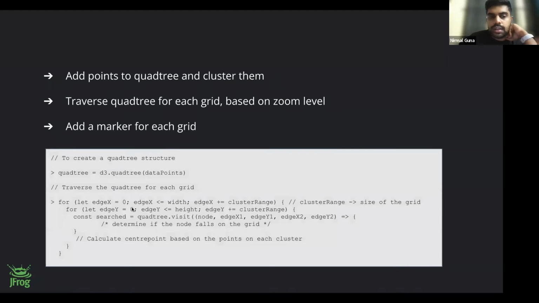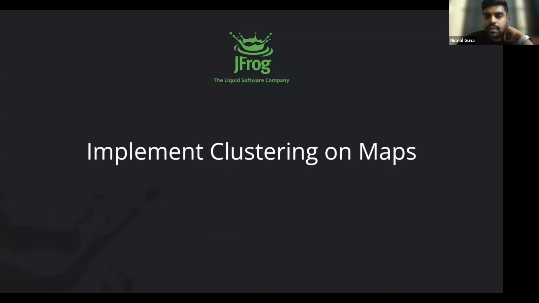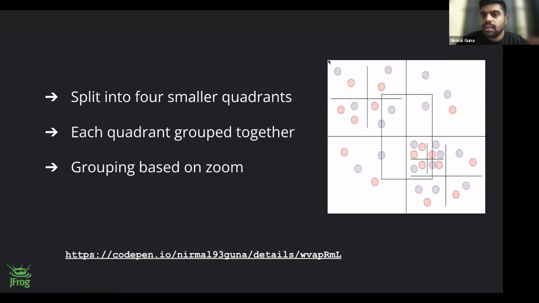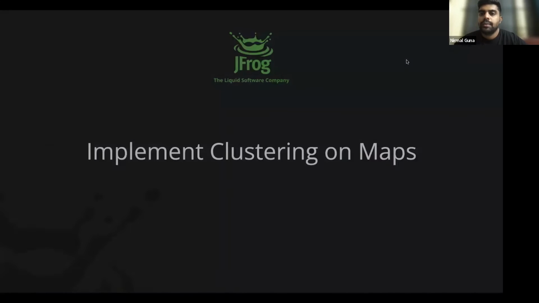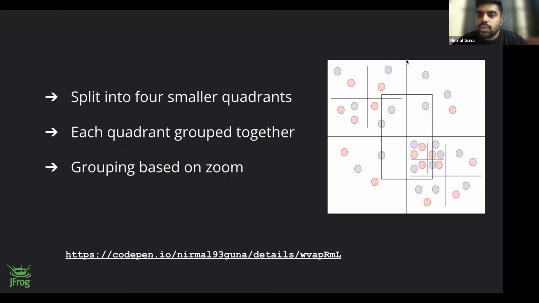It starts from 0, and every time one cluster range is added. So this will be edge x, and when one loop completes, this will be edge x. So this will be a starting point.